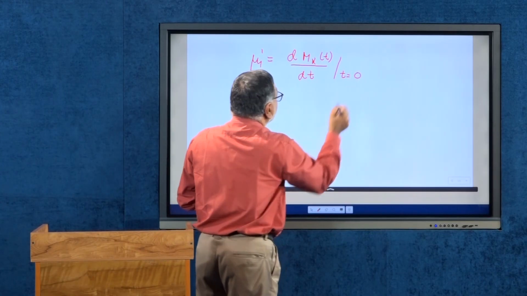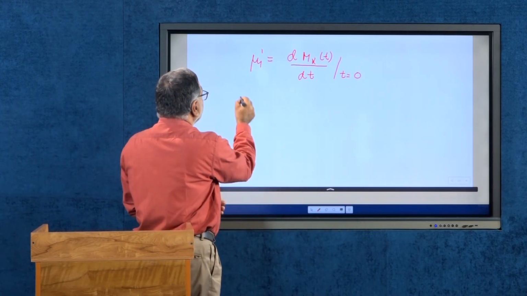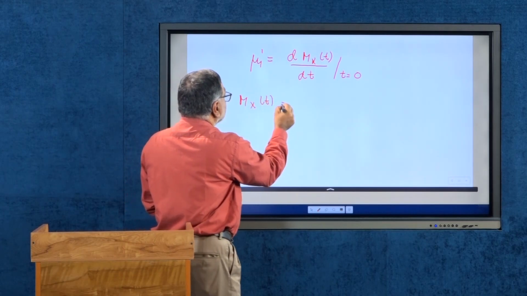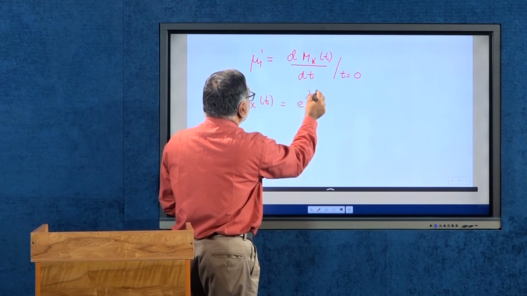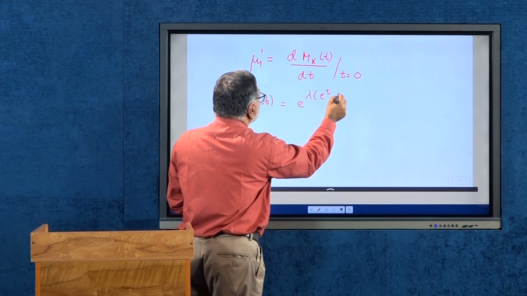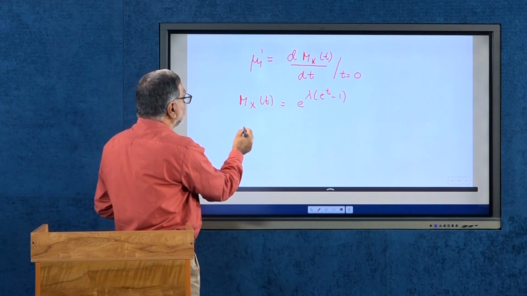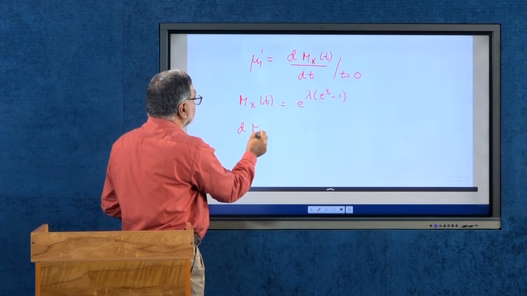That is our first arbitrary moment. And we have the moment generating function M_X(t) equal to e^(lambda(e^t - 1)). So, you differentiate this with respect to t.